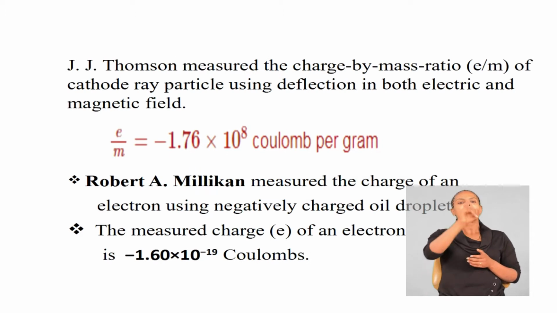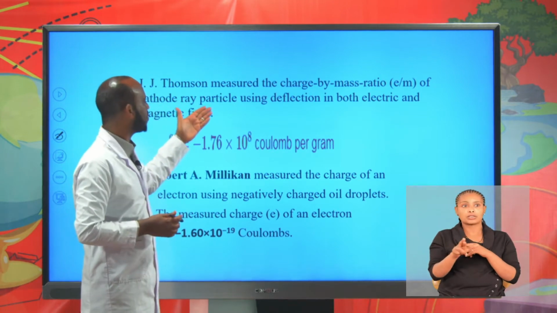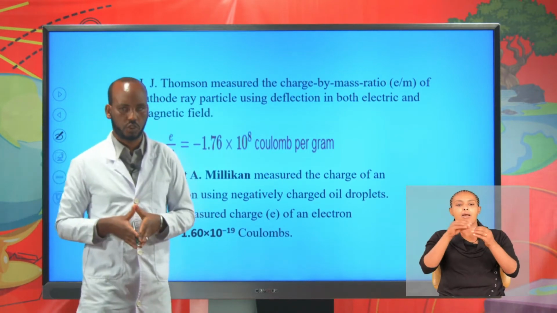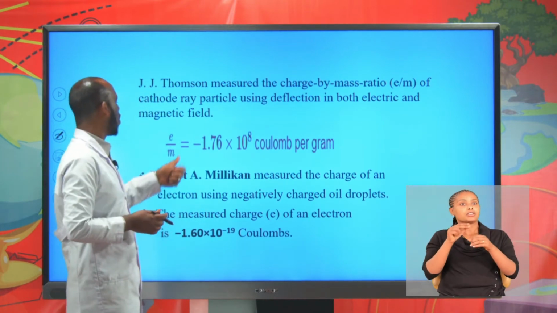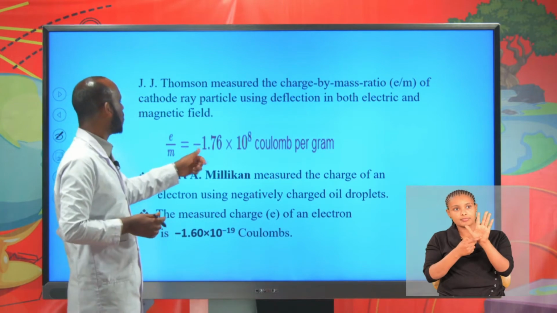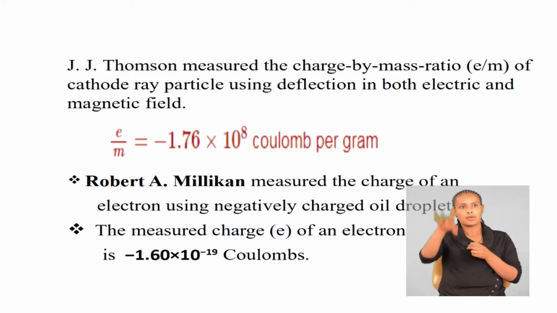J.J. Thomson measured the charge to mass ratio of cathode ray particles using deflection in both electric and magnetic fields. Charge to mass ratio of an electron is minus 1.76 times 10 to the power of 8 coulomb per gram.